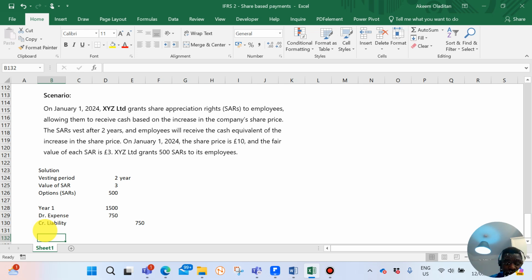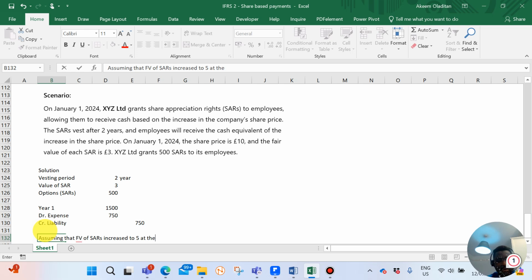But let's now assume I want to add something to this question. Assuming the fair value of the SAR increased, let's say increased to £5 in 2025.